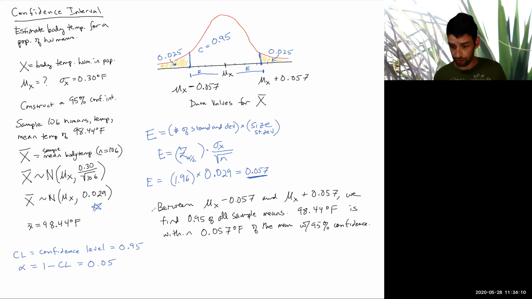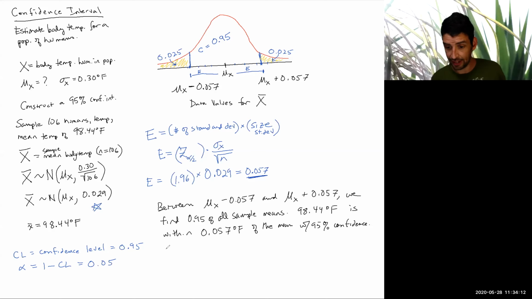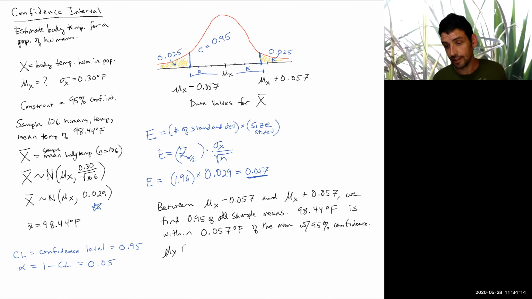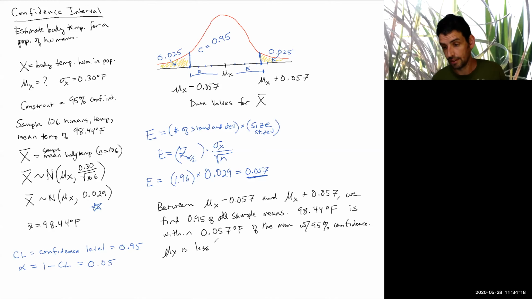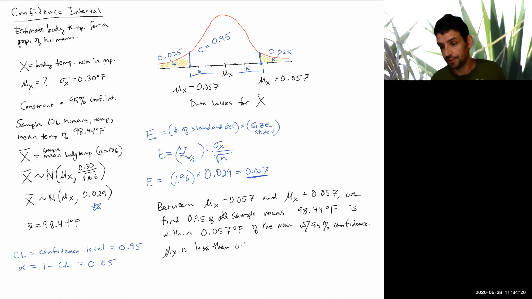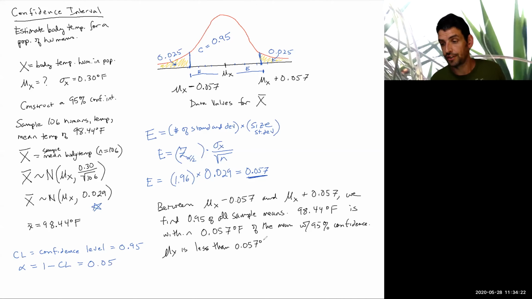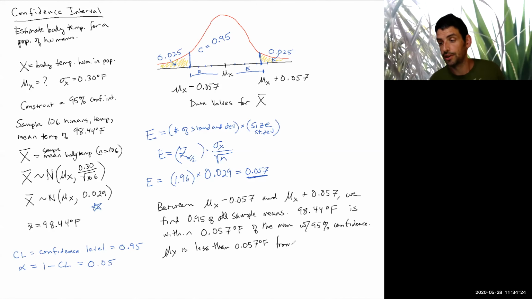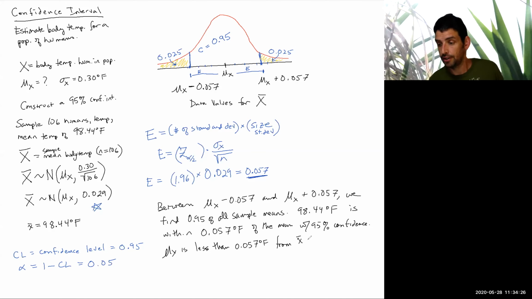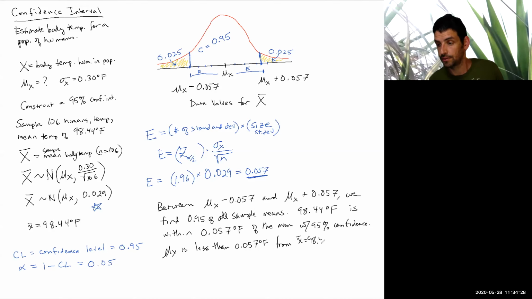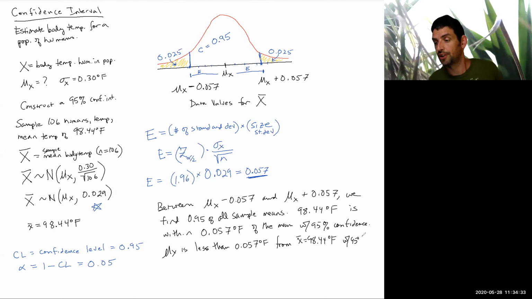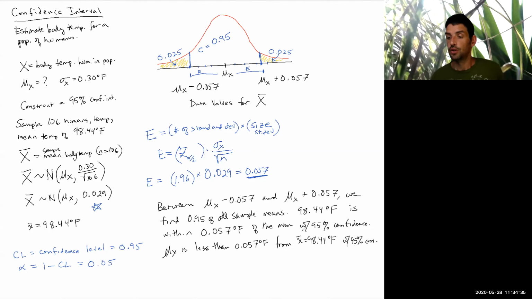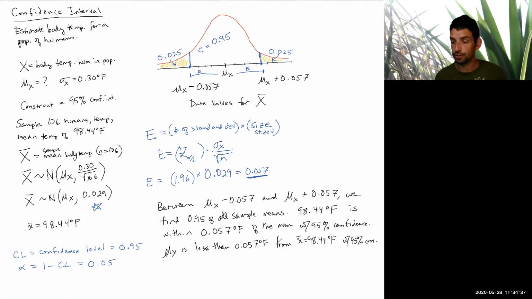So in other words, we can say mu x is less than 0.057 degrees Fahrenheit from X bar, with 95% confidence.